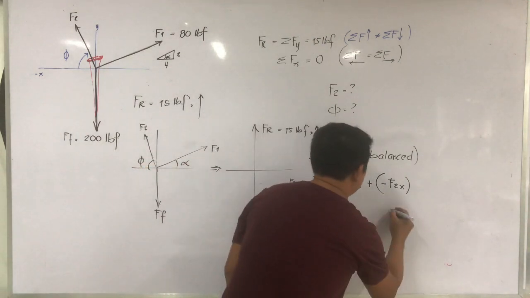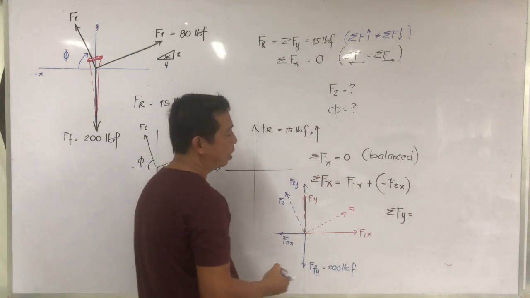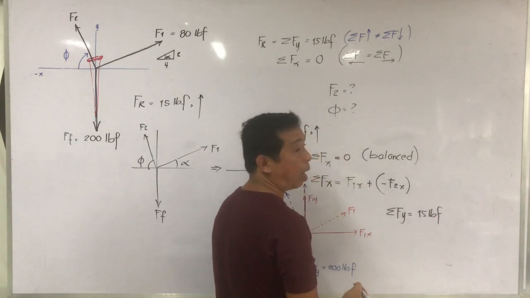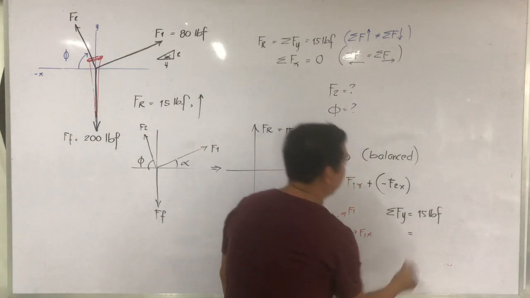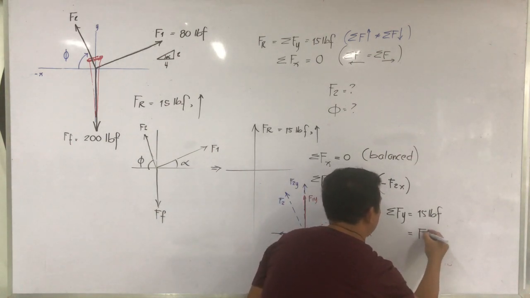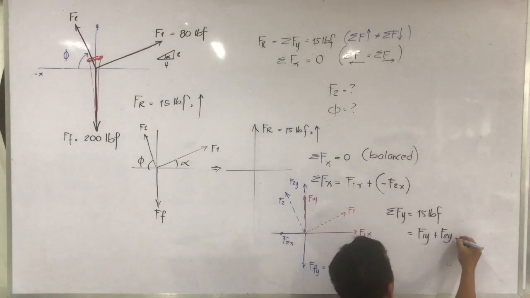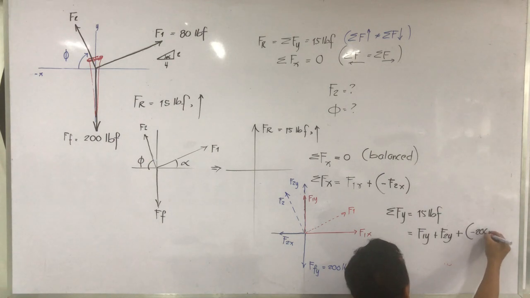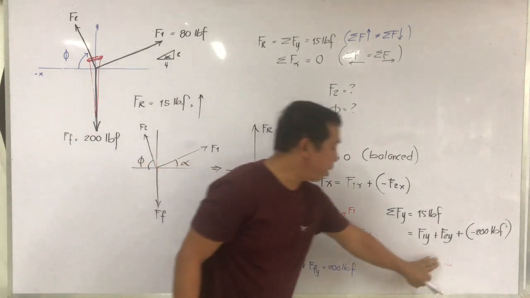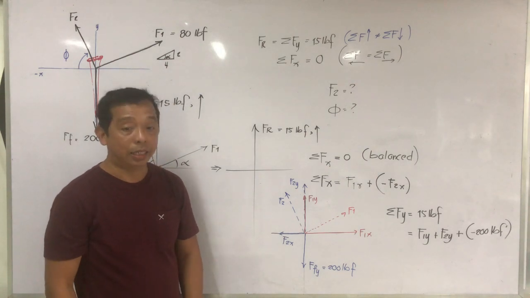At ang summation ng forces sa vertical o y-axis naman na nagkataong 15 pound force upward, so positive, ay equal sa y component ng F1 plus y component ng F2 plus negative 200 pound force. Bakit negative 200 pound force? Because it is projected vertically downward. Nasa negative y-axis.